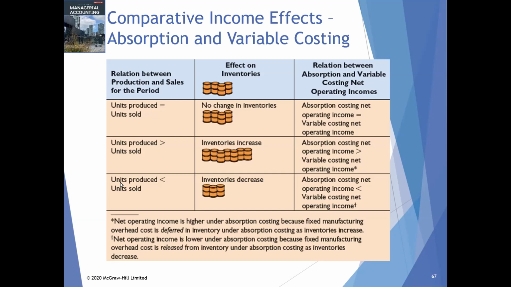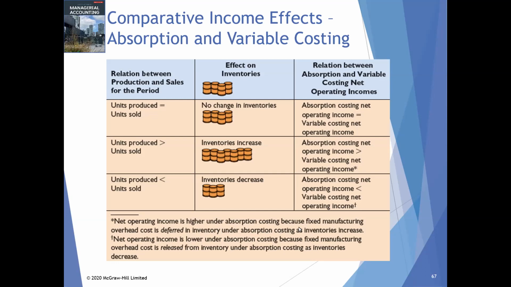And on the other side, if units produced are less than units sold, so production is less but units sold are more, it means the stock has decreased. If the stock has decreased, it means absorption costing net operating income will be less than the variable costing net operating income.